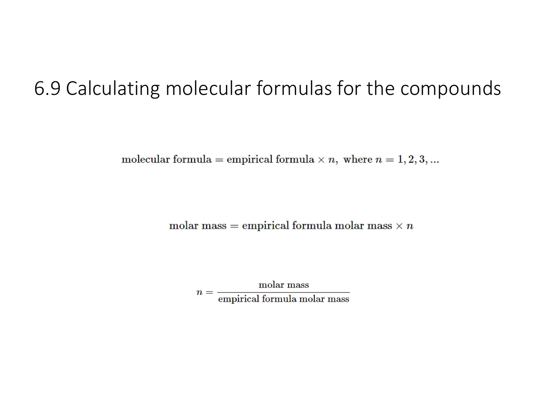So the empirical formula gives you the smallest whole number ratio between atoms, right? For instance, CH2O. But this compound in nature can be C3H6O3, right?